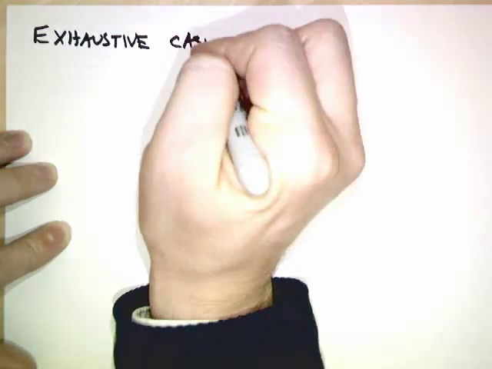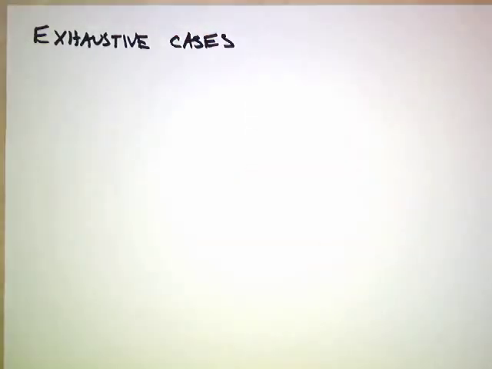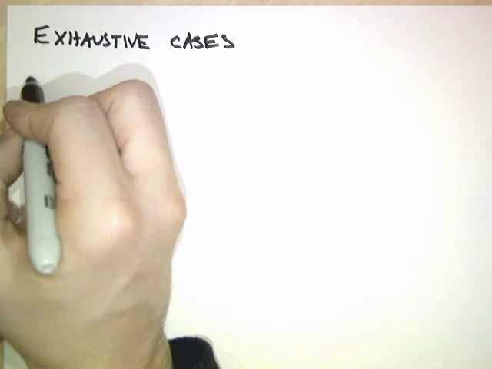Sometimes the easiest way to prove something is a proof by exhaustive cases. So here's an exercise from your Rosen book.